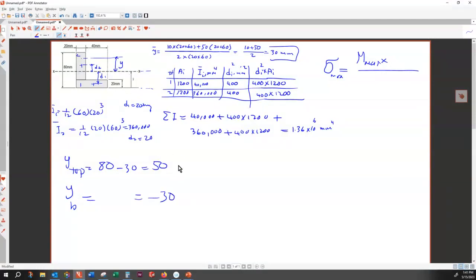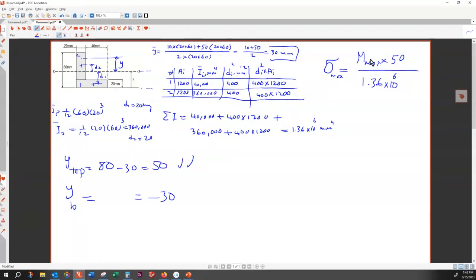So yes, Darcy is correct. The largest is at the top, which is equal to 50. So the farther from the neutral plane, the larger the normal stress. And then in the denominator, you put 1.36 times 10 to the power of 6. And here, the result would be in megapascal.